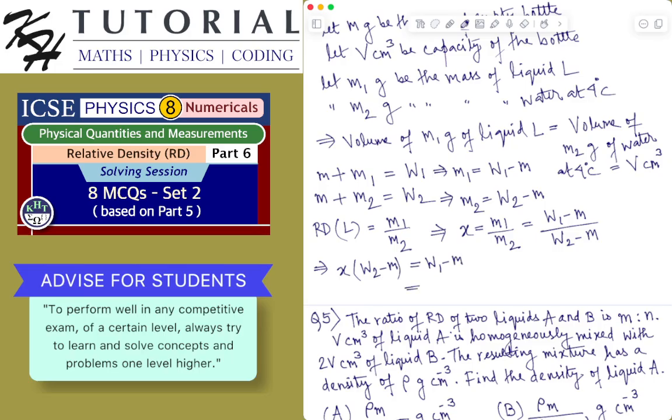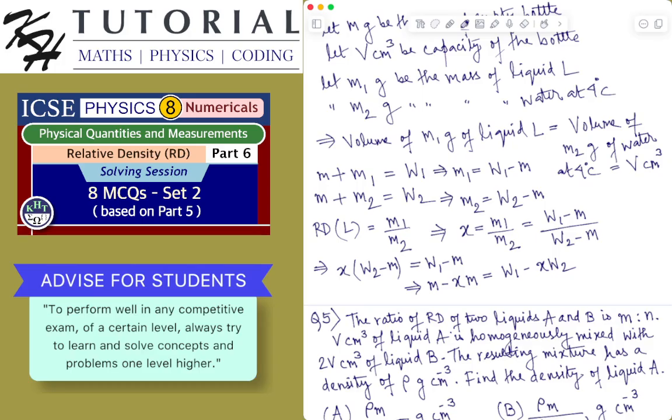If I bring all the terms having small m to the left hand side and all other terms to the right hand side, I will get m minus xm is equal to W1 minus xW2.